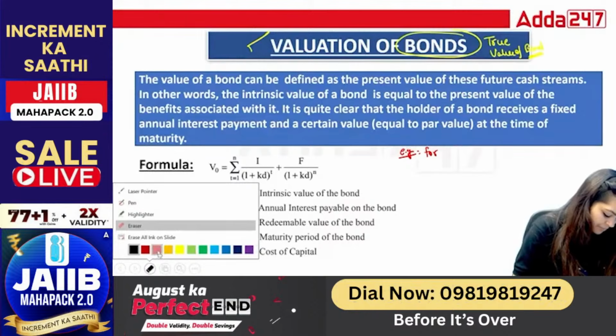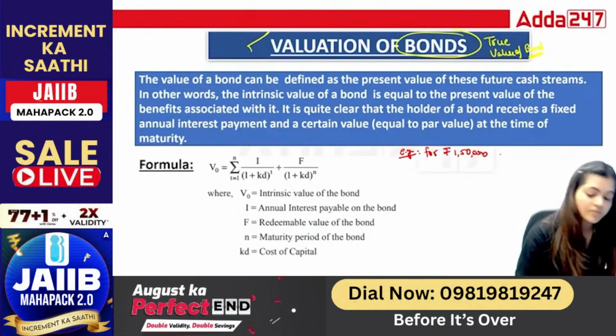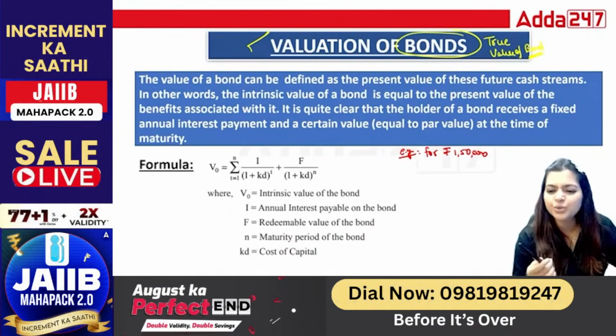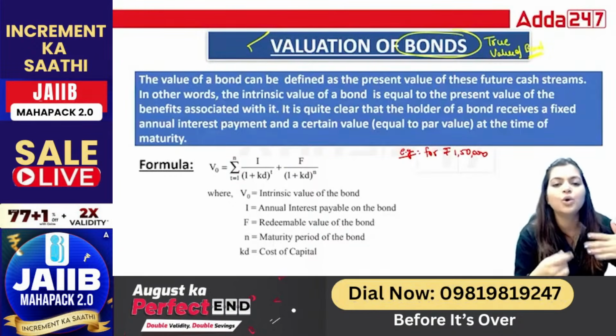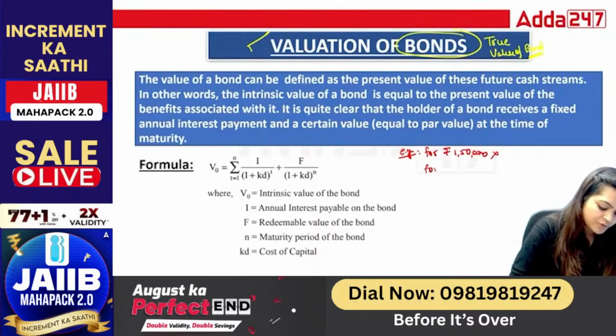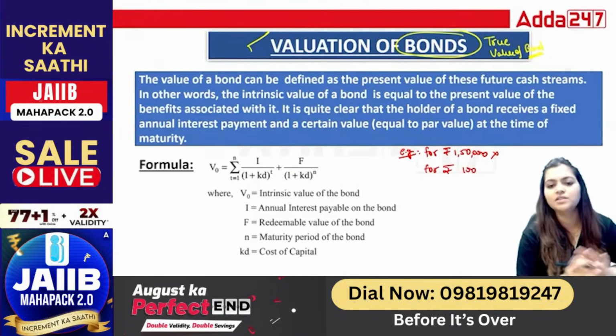Suppose I'm saying I'm going to sell this pen for 1,50,000. So are you interested to purchase this pen? The answer is no, because you know this amount is overly priced. So you will reject it. But if I'm saying I'm going to sell this pen for, suppose, rupees 100, you can say this is a good amount. You are ready to pay it also.